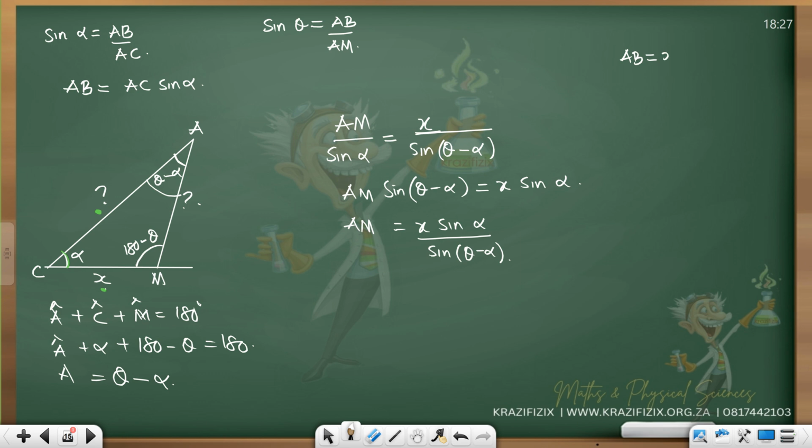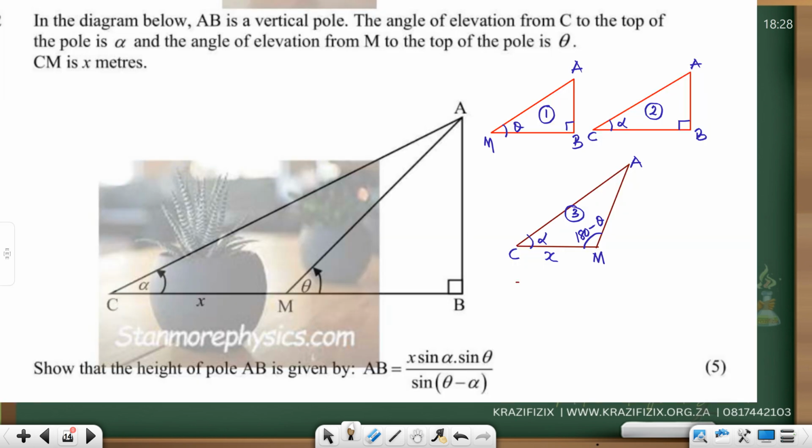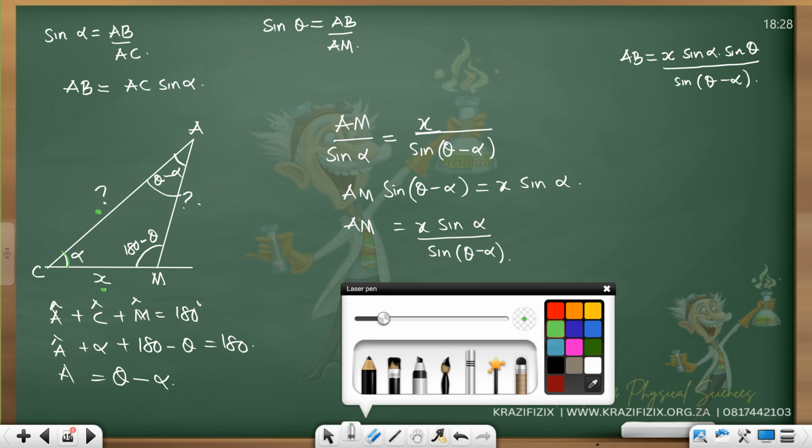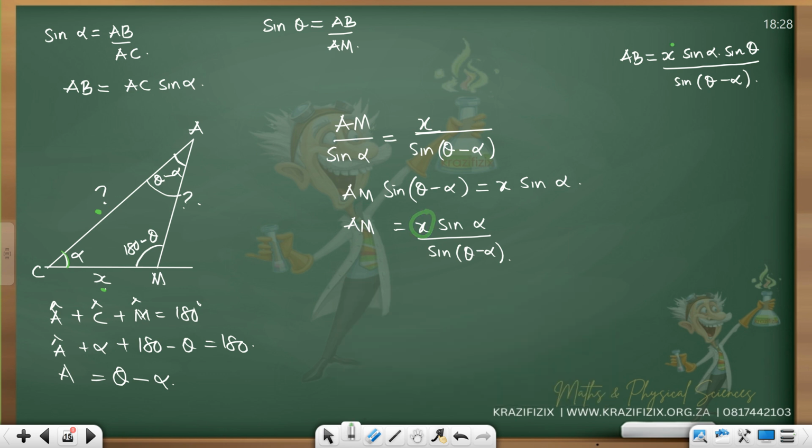We're supposed to get AB equals to what? X sine alpha sine theta over. If I'm right, let me just check again. Sine alpha sine theta. All right, I think we're close. We're very close. I don't know if you notice that the arrangement is coming together.